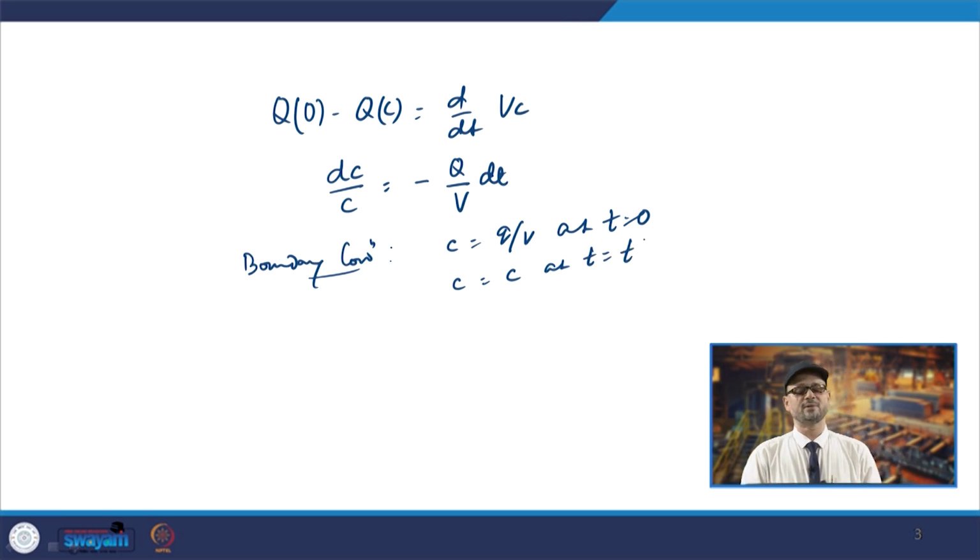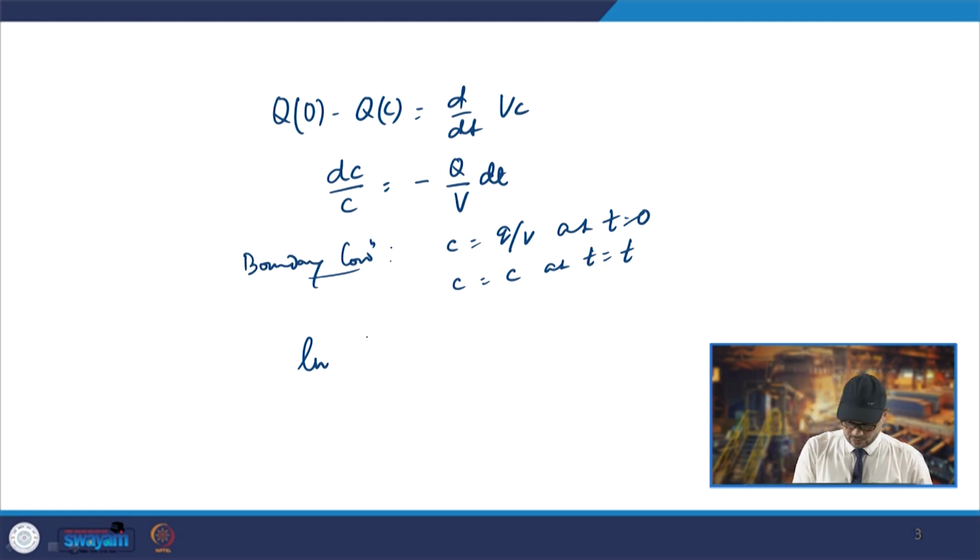Based on that you can integrate further. dc upon c gives log c, and between the limits it is log of c upon c0, which equals minus q by V into dt.